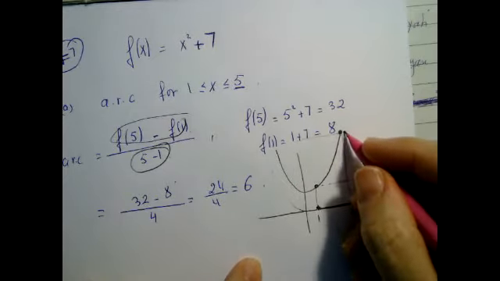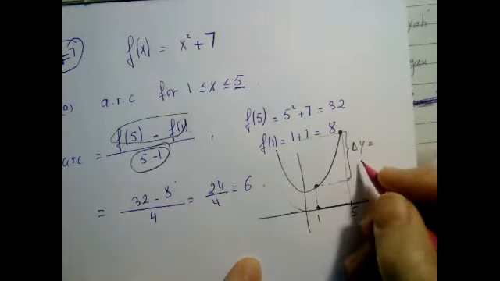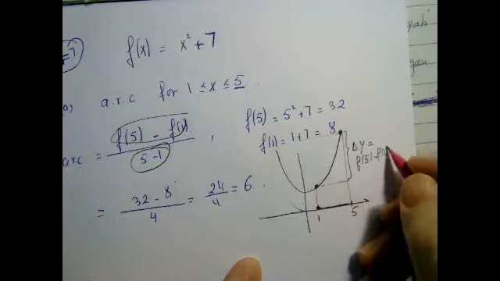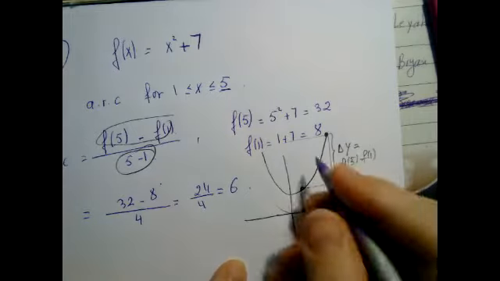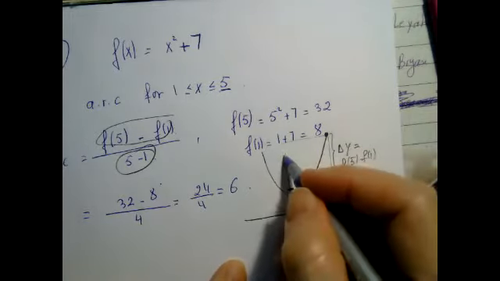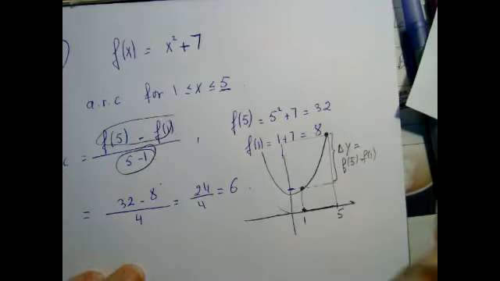So from here to here, that's the change of output. This is f of 5 minus f of 1. That's f of 5 because this is f of 1 right there. Let me take a red pen. And that's f of 5.